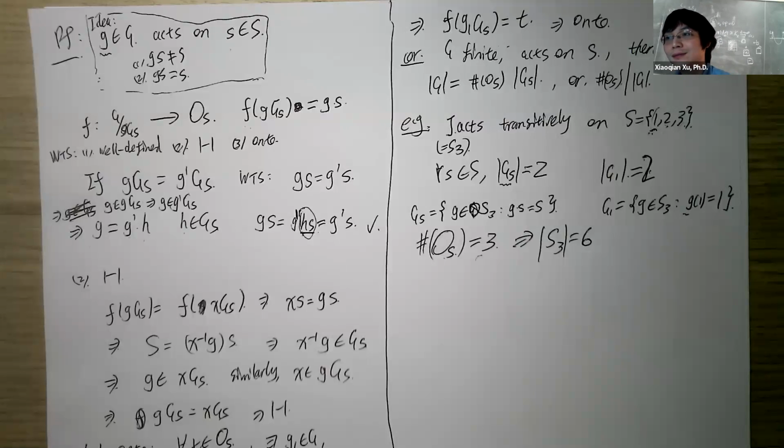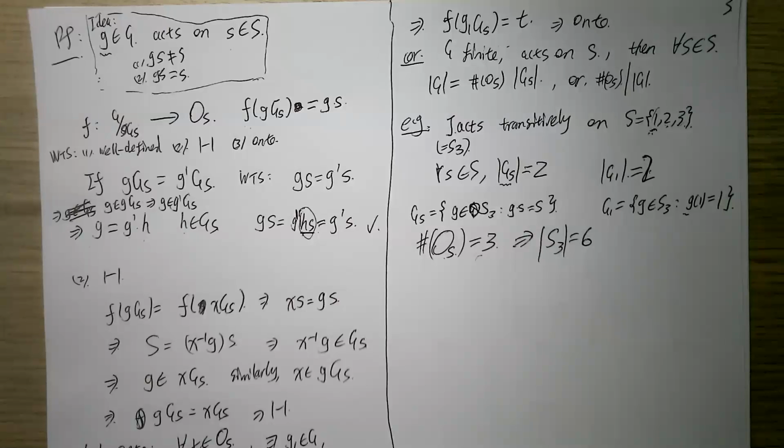Sorry, I still have a question. Sure. According to the definition of transitivity, you didn't say anything about the only orbit there. Is it possible to have every element have the same orbit, but not the whole set itself? Well, what is an orbit? An orbit is always a subset of S, right?